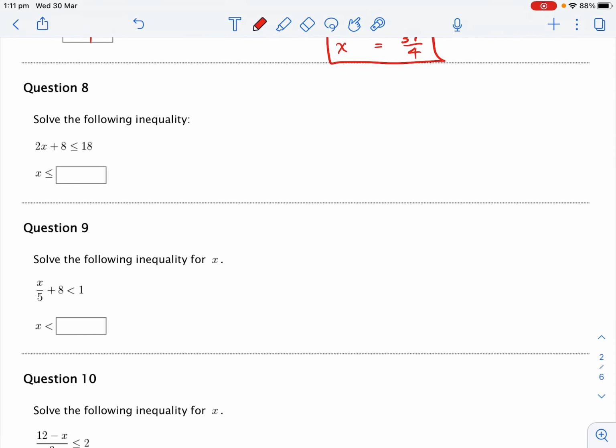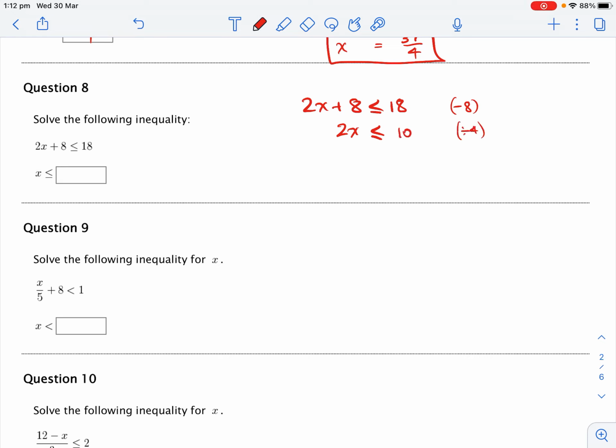Moving along, we get some inequalities. Now remember, inequalities, we do exactly like it was an equal sign. The only thing I have to remember is if I ever multiply or divide by a negative, I must flip the sign. So let's start. I've got 2x plus 8 is less than or equal to 18. I'm going to subtract 8 from both sides. So 2x is less than or equal to 10.